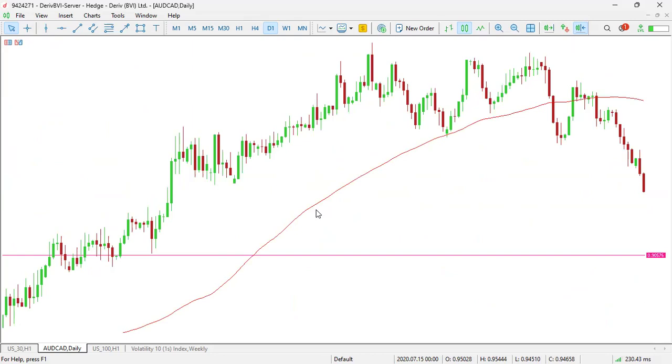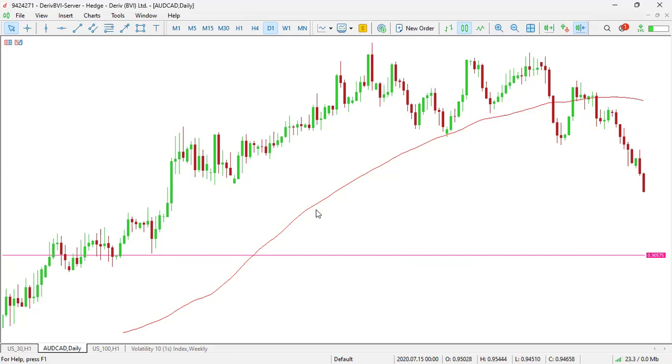If the market is going up, you look for buying opportunities. When the market is going down, you look for selling opportunity because you will be at an advantage if you follow the trend. They always say in Forex that the trend is your friend. So the moving average helps you identify the trend.